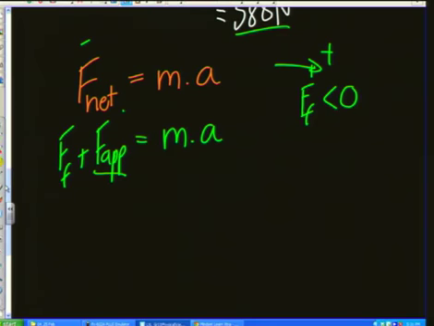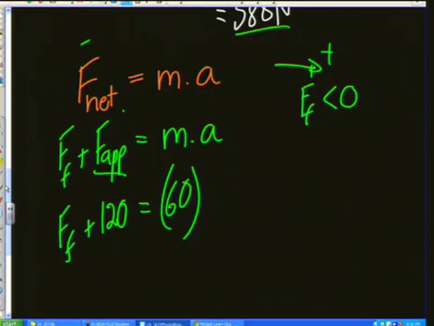Now let's substitute some values in and let's see how we go. We don't know what the frictional force is. We know the applied force, it was a positive 120. We know what the mass is, it's 60. We know the acceleration is positive. Mass doesn't have direction, it's a scalar. 1,5, let me just redo that. 1,5 meters per second per second.